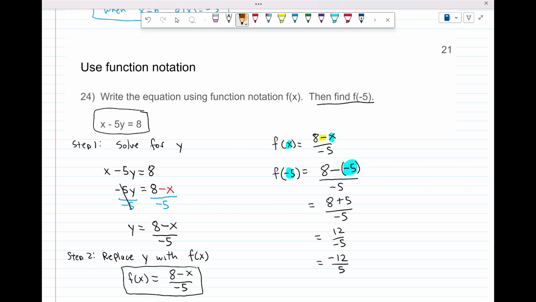So you could put the negative in the numerator. That's probably a better way to do it. Another option is you can just put the negative right at the fraction bar. I would be fine with all three of these, but you will usually see one of these two options when we're trying to express the number negative 13 fifths.